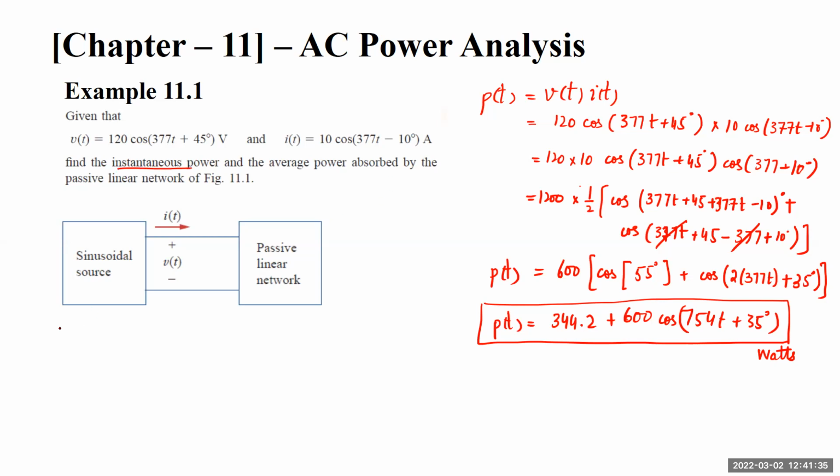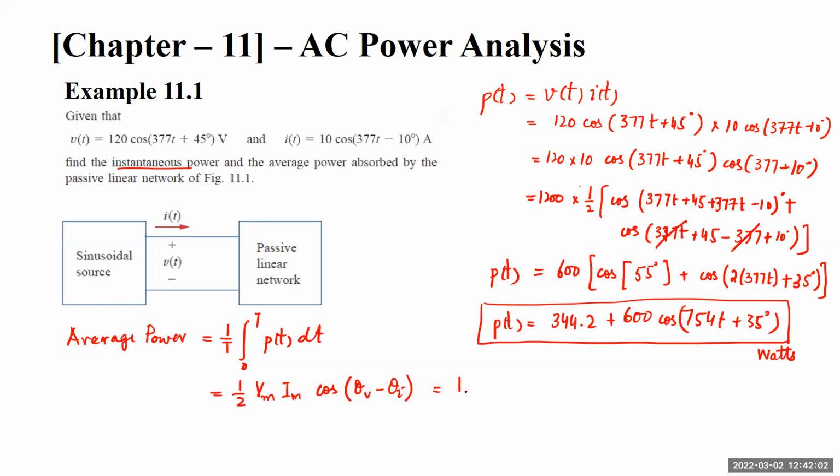Now we have to calculate average power. Remember, average power is 1 by T, integral from 0 to T, of p of t dt. Also, we know that it comes out to be 1 by 2 Vm Im cos of theta v minus theta i.